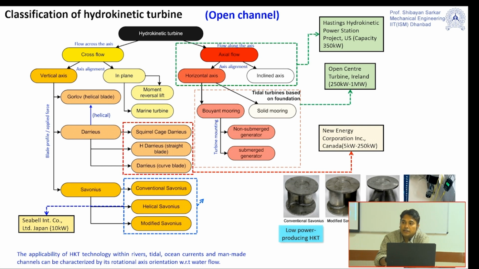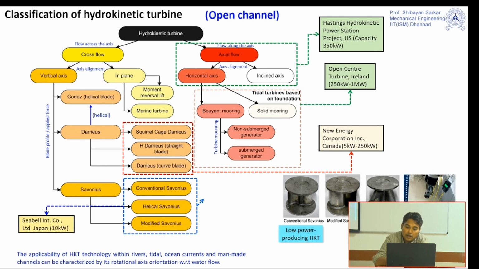So hydrokinetic turbines have different modes of classification. The first one I have already discussed: based on the force applied on it, a hydrokinetic turbine can be classified as a drag based turbine or a lift based turbine. Now this turbine can again be classified based on how it is oriented, that means the axis of rotation of this particular turbine.